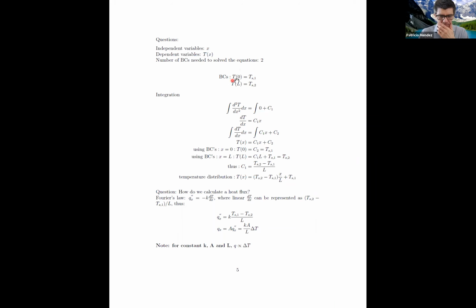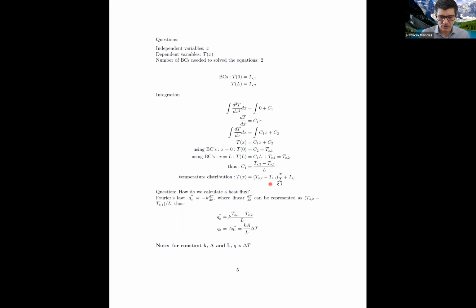Here we go. The temperature at X equals 0 is TS1, meaning T of the surface on side 1 of the wall. The temperature at X equals L is TS2. I'm going to integrate this twice. I'm not going to spend much time on this, but you can follow it. It's integrating a second derivative twice, which is essentially trivial, and gives us the equation of a line.